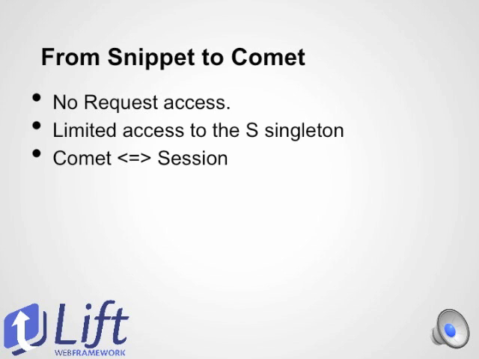The idea is that you enter the first request, Lift checks on the server, is there already a Comet actor showing a Chromebook for the user? If there's none, it will create a new one, and you will get information from that Comet.